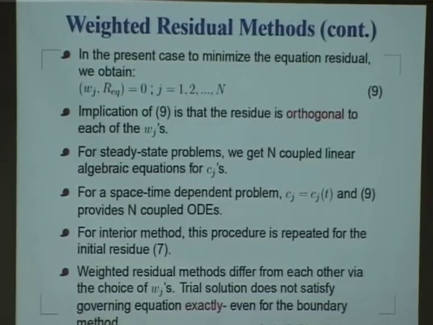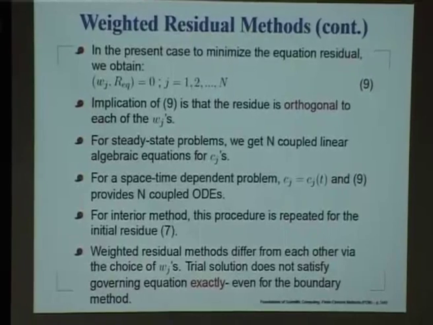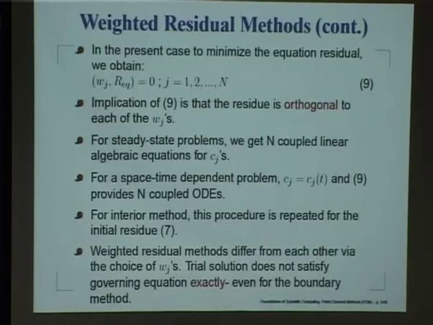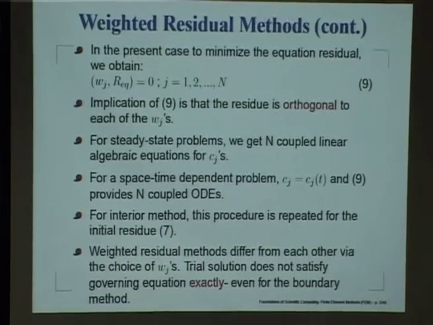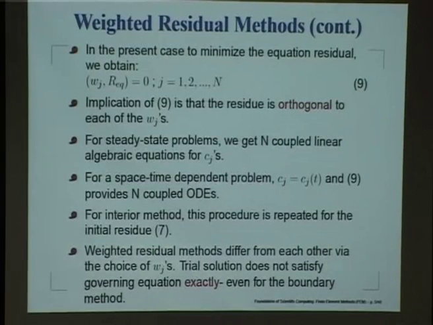Whereas if you have a complete space-time dependent problem, then the Cj's will, of course, be a function of time, and since you have already prescribed the x dependence and put it into the differential equation and evaluated the residue, you then perform this integral with respect to Wj. Wj's are also functions of x. They are also space dependent functions. So you are integrating over the whole domain, and the space dependence part is integrated away.